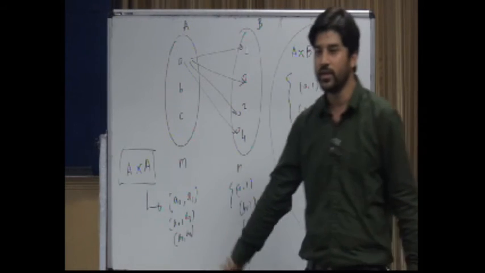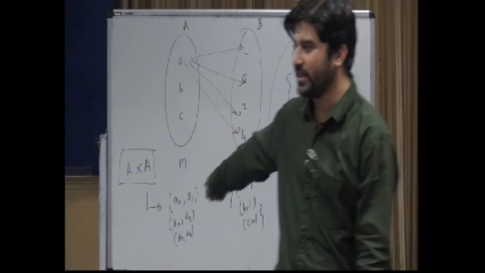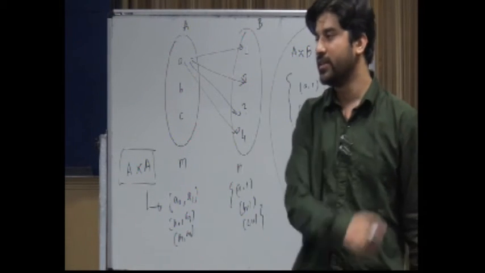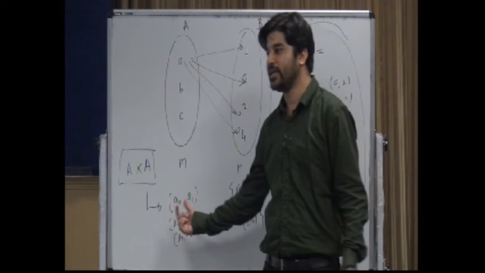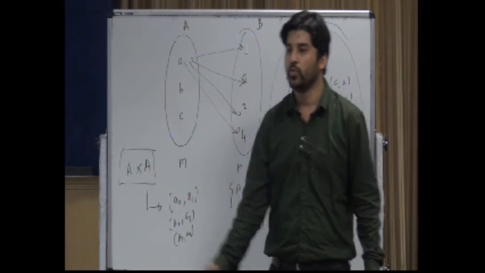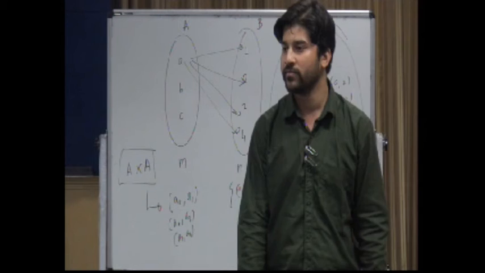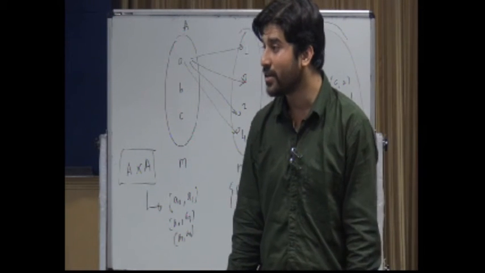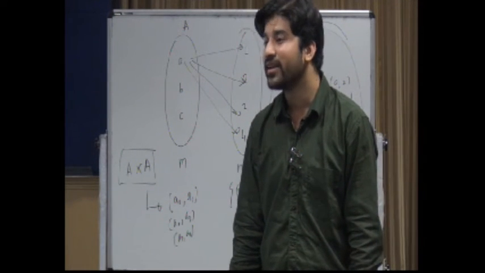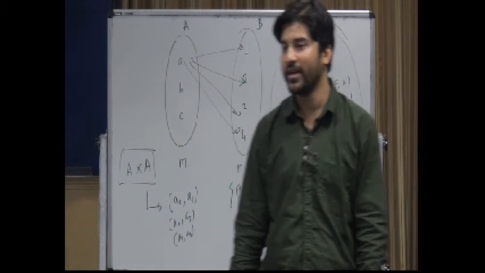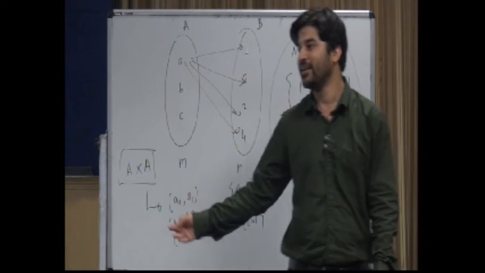So if a relation has all pairs where the abscissa and ordinate are the same, what do we call this type of relation? Reflexive. Right? There are three types: symmetric, reflexive, and transitive.